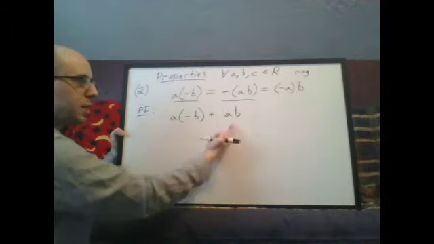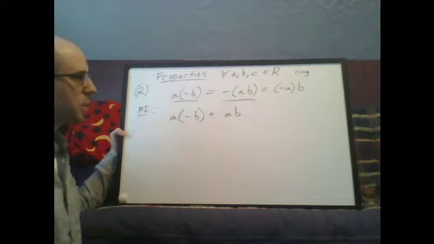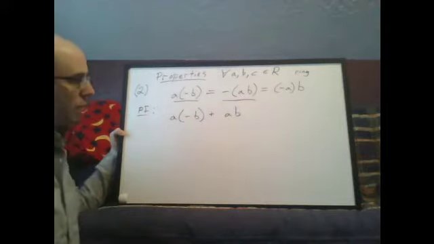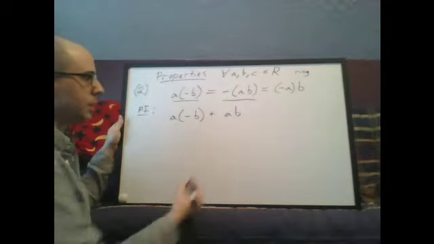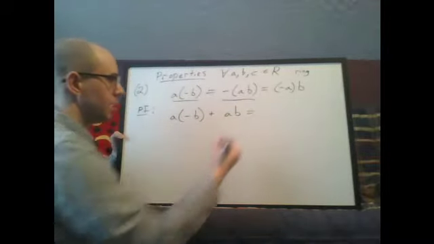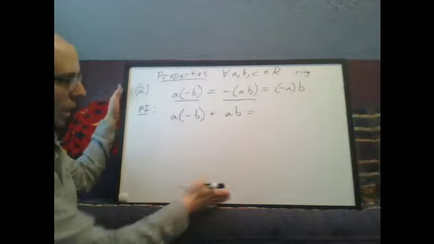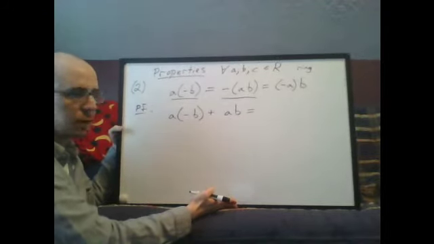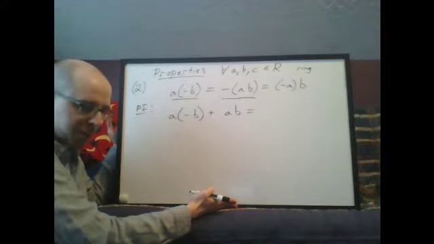I want these two things to cancel and give me 0. That would basically tell me that this has to be the additive inverse of AB. Okay, so if I add these two things, again, I can only draw upon my original ring properties and whatever properties I've already proved.